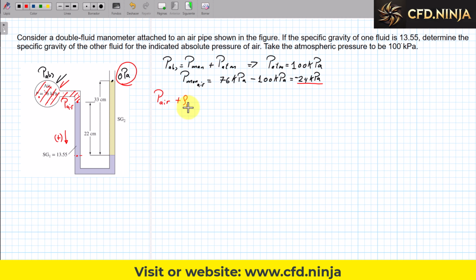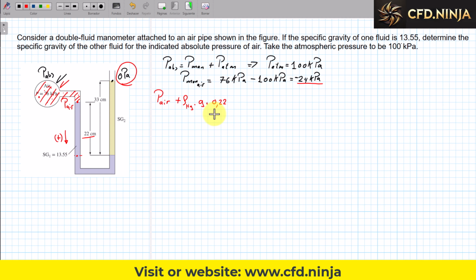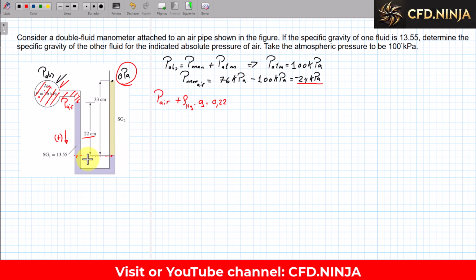We put density of mercury multiplied by gravity multiplied by height. How much is the height or depth? In this case it is 22 centimeters, which would be 0.22 meters. Remember that I have to work in the international system, and for that reason I automatically convert it to meters. As this point and this point are at the same height, it means that the pressures are exactly the same.